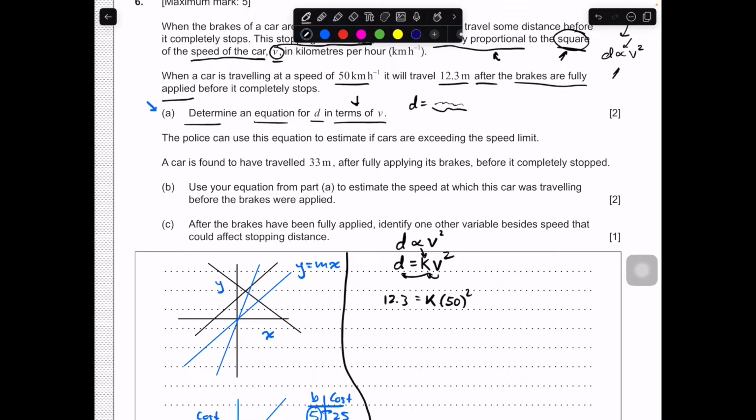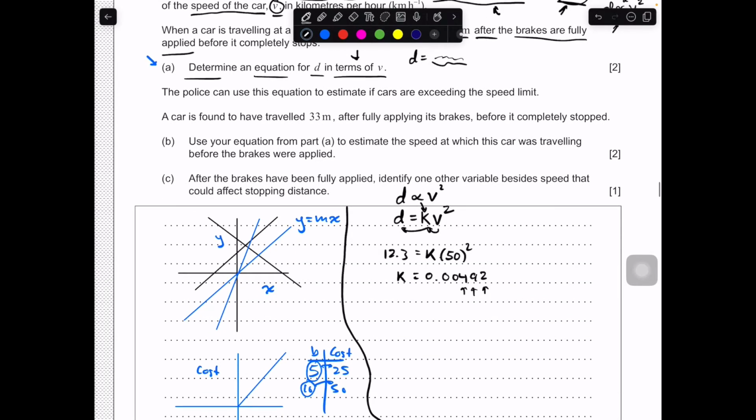We can n-solve this. 12.3 divided by 50 squared is going to give us a value for k of 0.004921236. Alright, determine an equation for d in terms of v. So going back, d is equal to 0.00492 v squared. And that would be our equation.